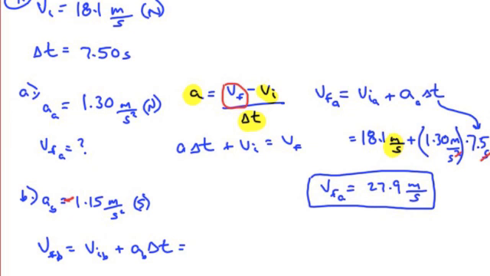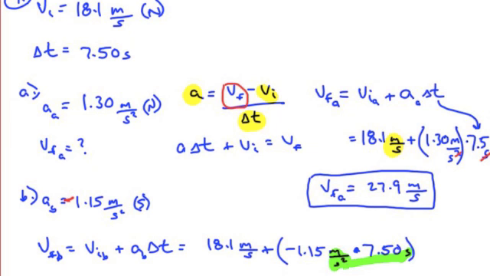So our initial velocity in both instances is still 18.1 meters per second, plus, I'm just plugging in the numbers, acceleration, which is our negative 1.15 meters per second squared, times our change in time, 7.50 seconds.